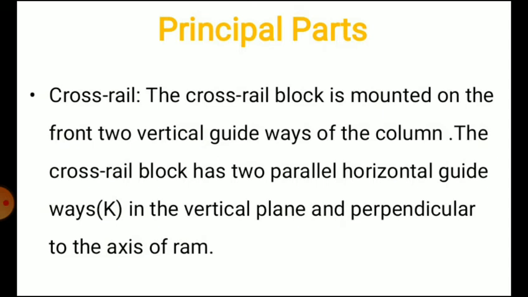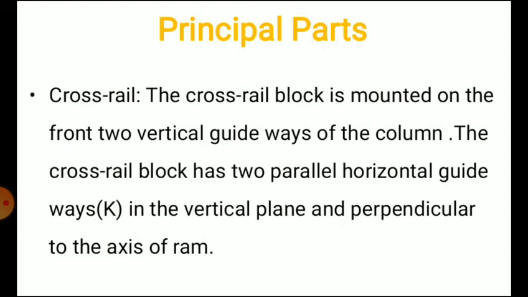The cross rail block has two parallel horizontal guideways in the vertical plane and perpendicular to the axis of the ram, so that vertically upward and downward motion of the table can be obtained, because with the help of the saddle, the table is bolted to the saddle and the saddle is mounted on a cross rail. So the saddle moves in a cross direction, that is perpendicular to the reciprocating motion of the ram.